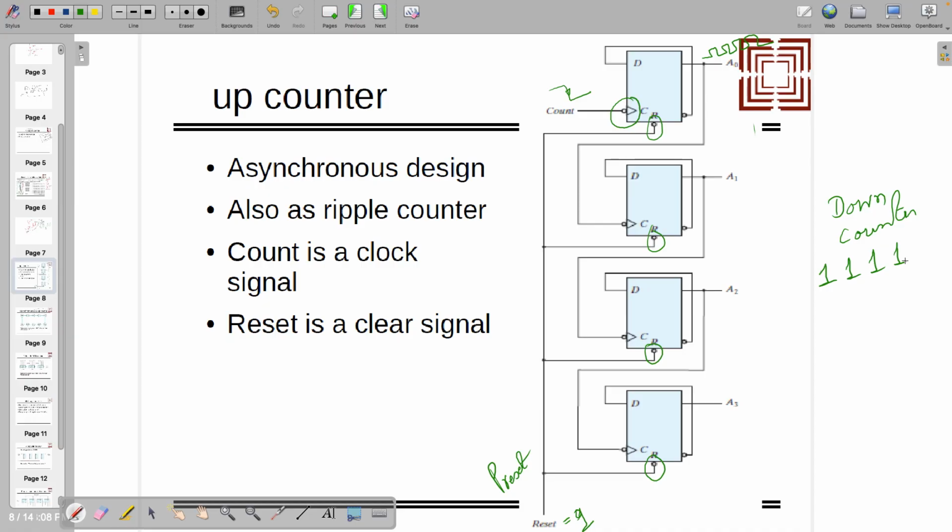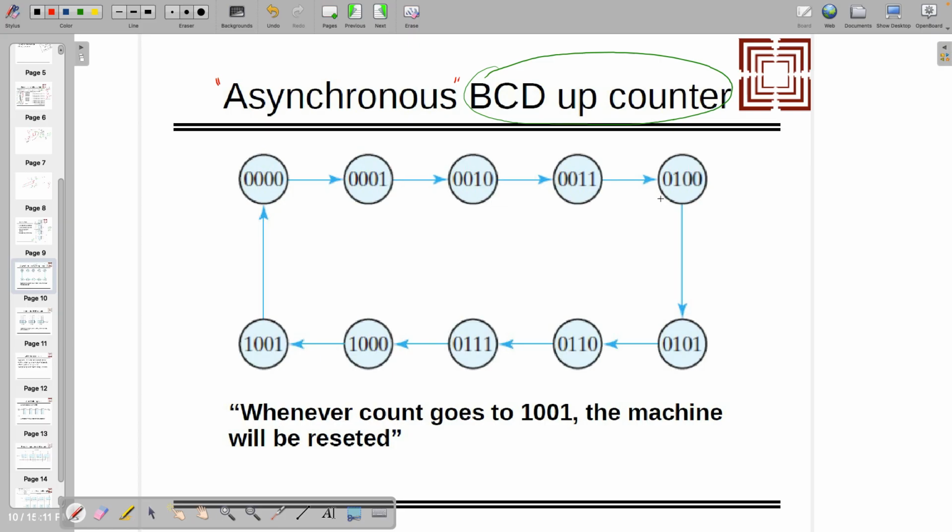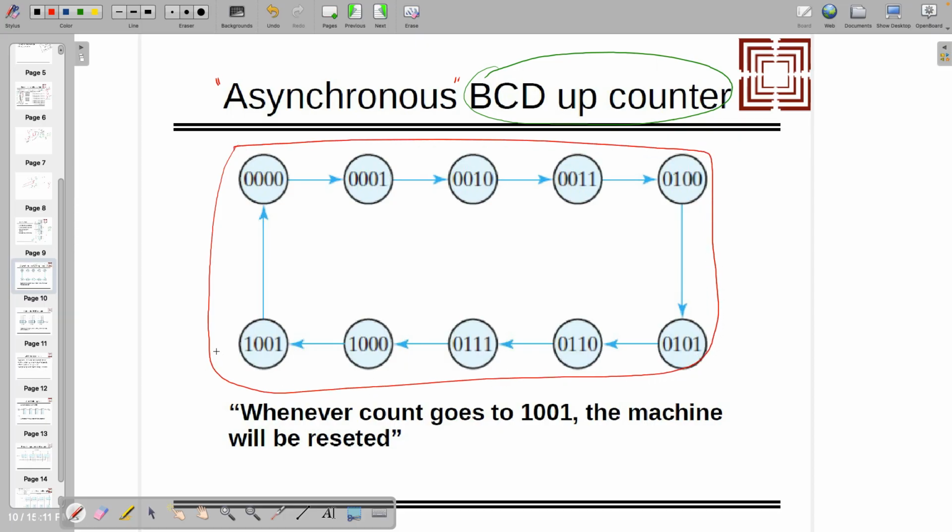How to make sure that you can have the same observation in BCD also, but it's going from 0 to 9 only. Remaining states are not there, right? It's not going to happen. So what we have to do, whenever there is 1 0 0 1, you have to have reset signal.